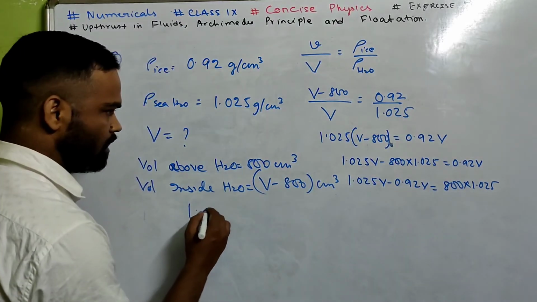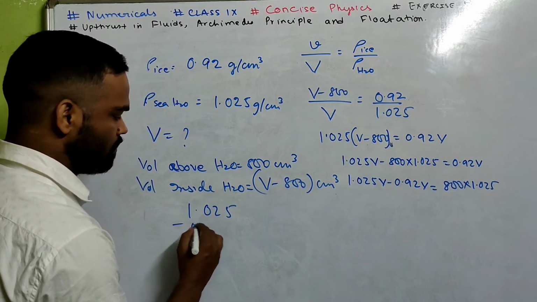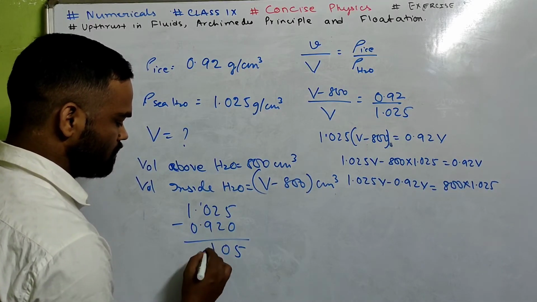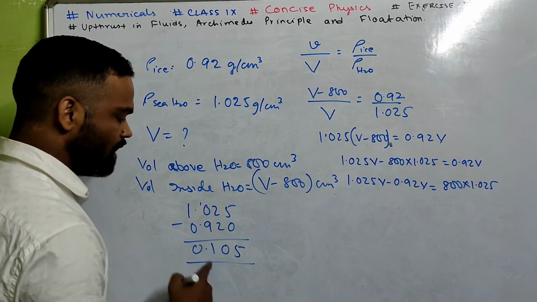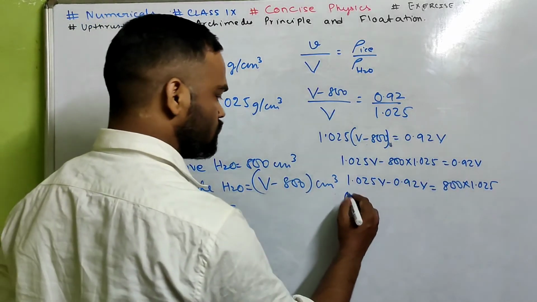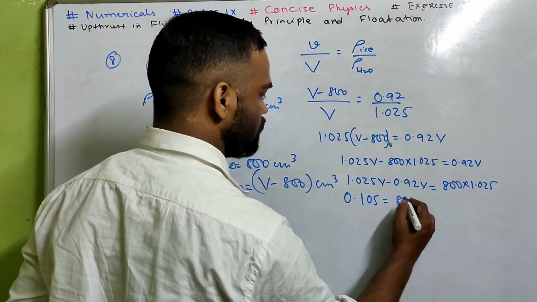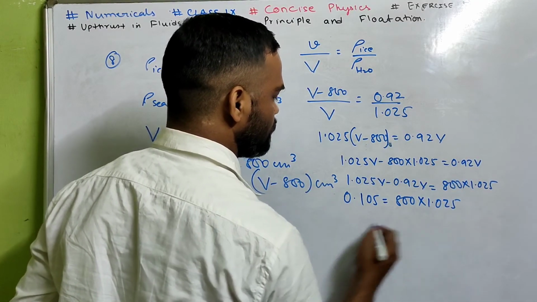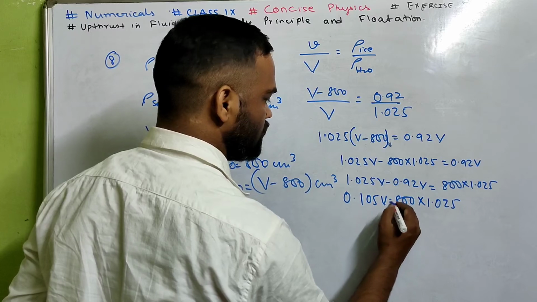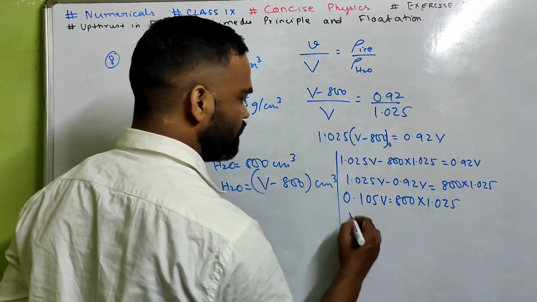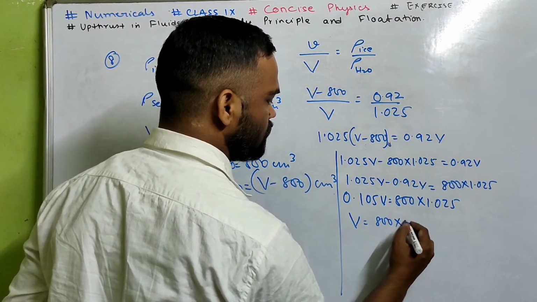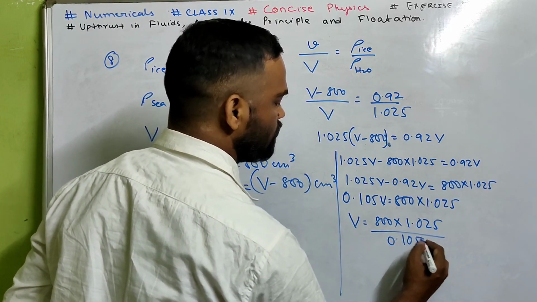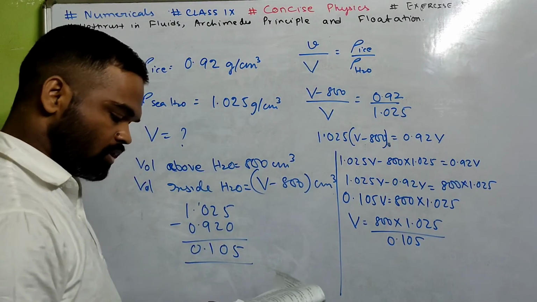Then this is 1.025 minus 0.920, that becomes 0.105 V. That's 0.105 V is equal to 800 multiplied by 1.025. We missed V over here. So what is V? 800 into 1.025 by 0.105. This is the total volume.